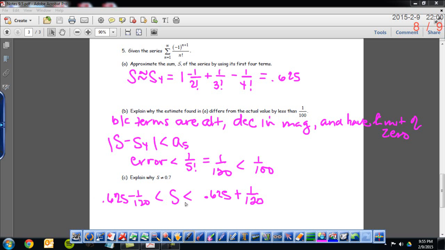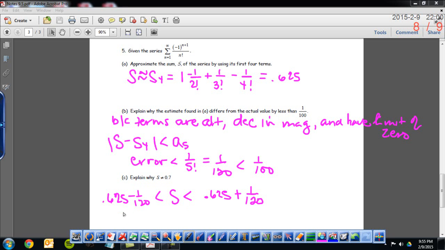So whatever your approximation is, the bound on your error means you can go that distance to the left or to the right of your approximation. So our approximation is 0.625. We can go 1/120th greater than that, or 1/120th less than that, and that's basically the range of values that the actual sum will fall into.